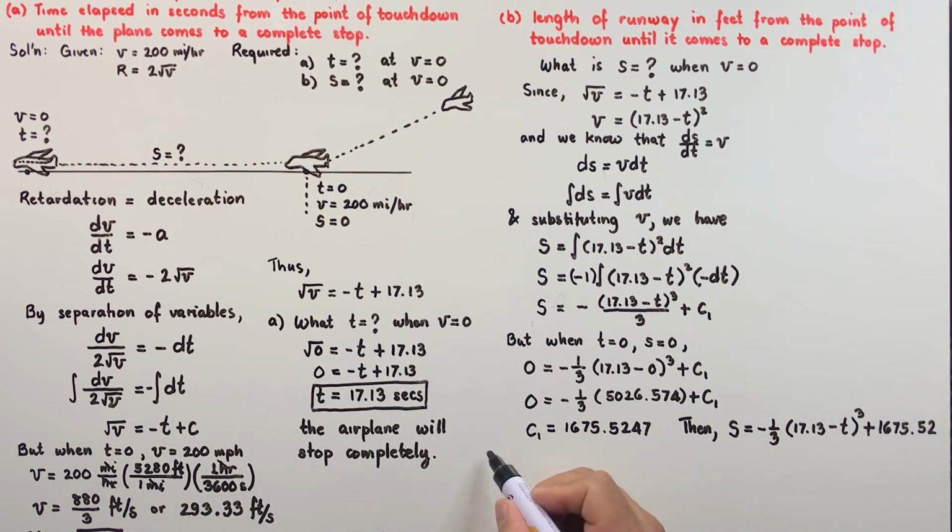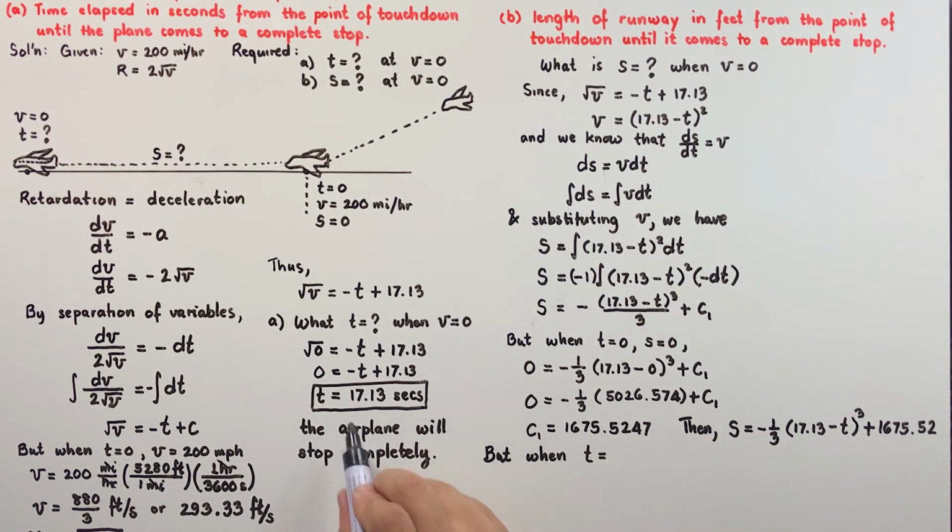And during the time of the full stop, which we have solved it already, that is 17.13. So that's the time when the plane comes to its complete stop.